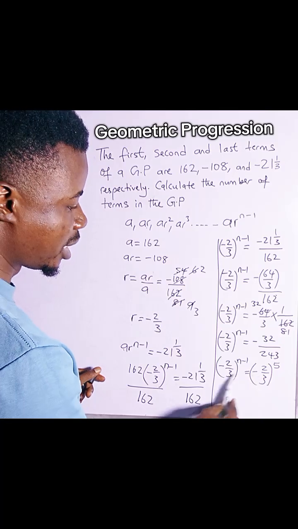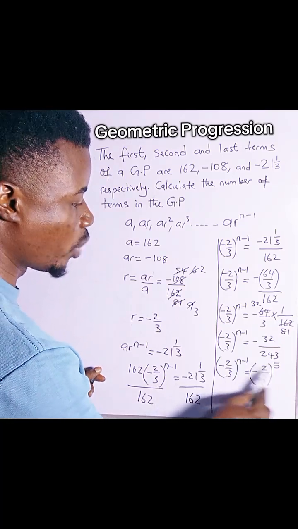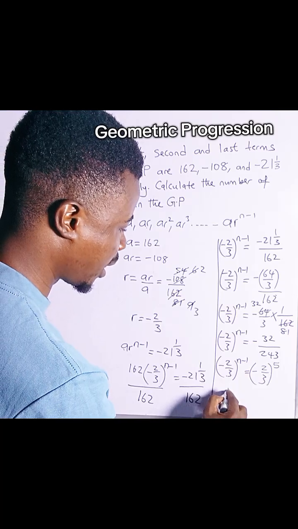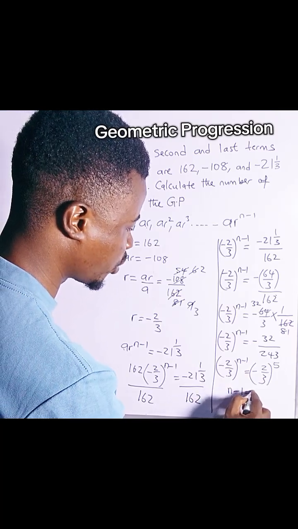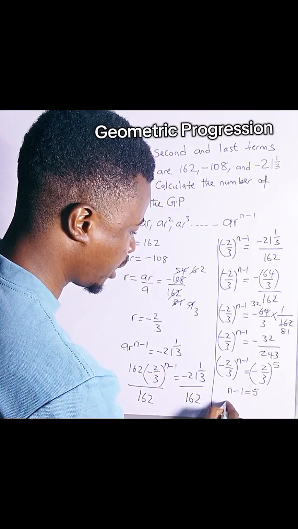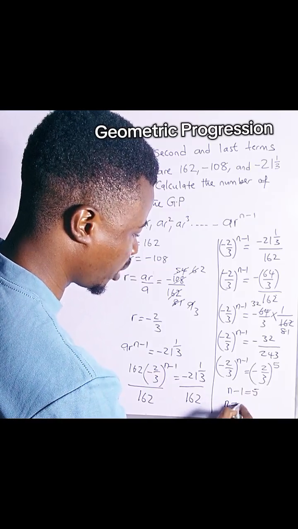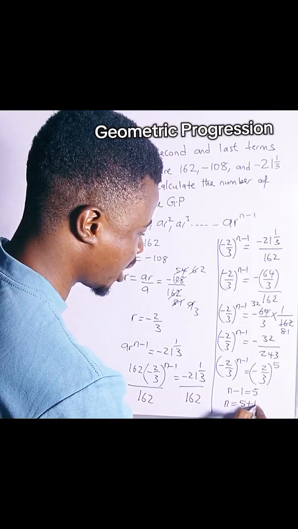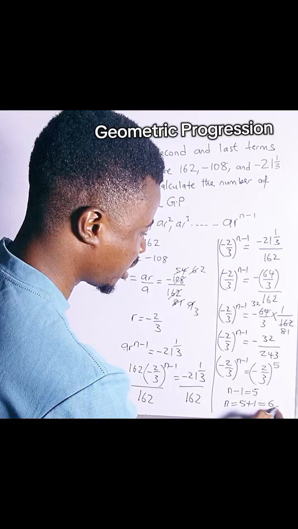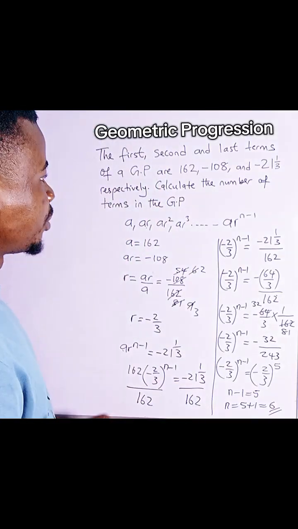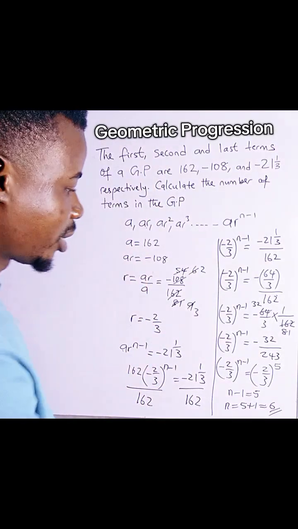Now I have the same base, so I can equate the powers. So n minus 1 is equal to 5. Then n is equal to 5 plus 1, which is 6. So that means the number of terms in the GP is 6.